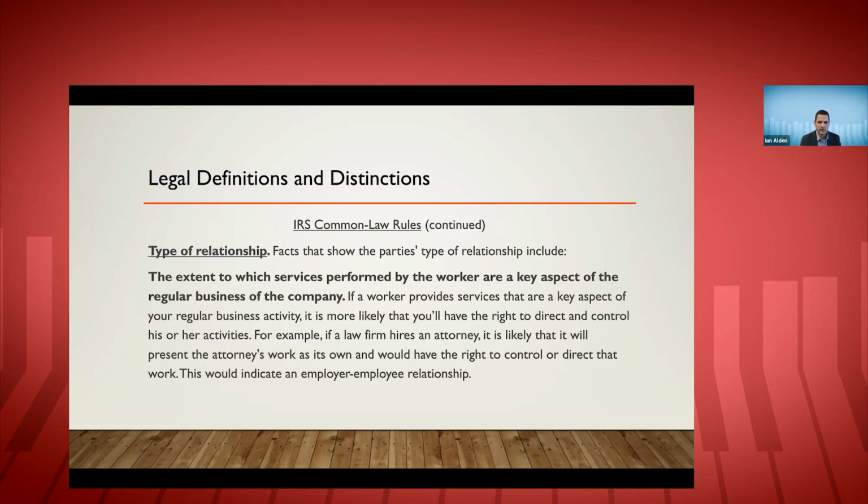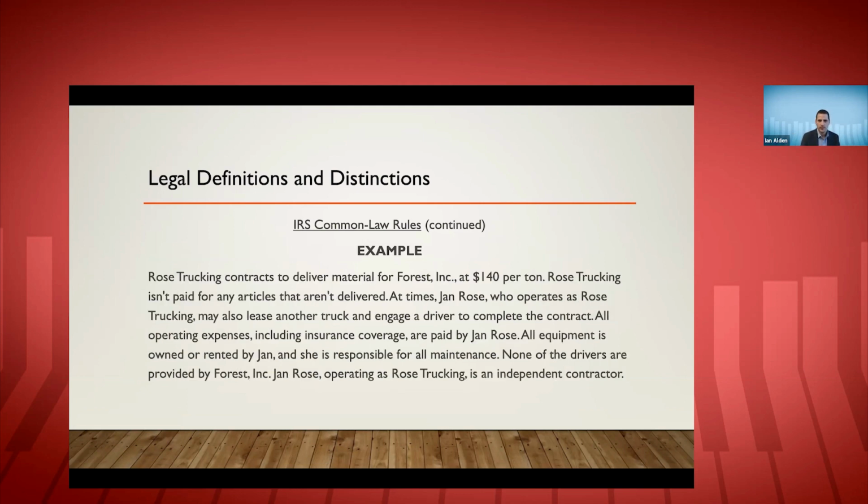If they provide the services that are a key aspect of your regular business, you're going to exercise a lot of control by default. An example that the IRS gives: if a law firm hires an attorney, it's likely that they'll control the work, and if you control the work, that's an employer-employee relationship.